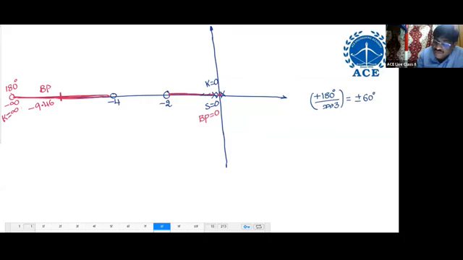One pole leaves with plus 60 degrees like this. Another pole leaves with minus 60 degrees.